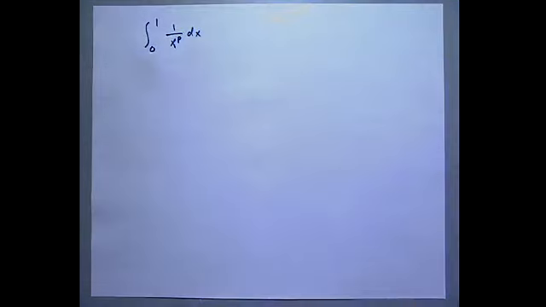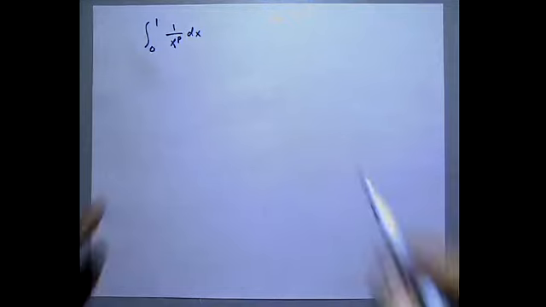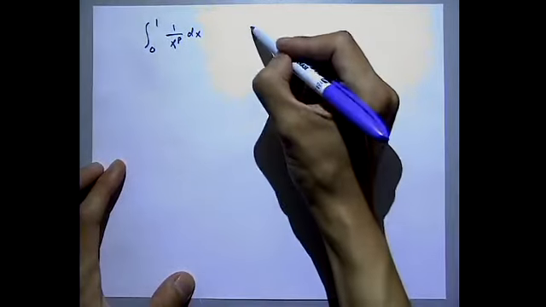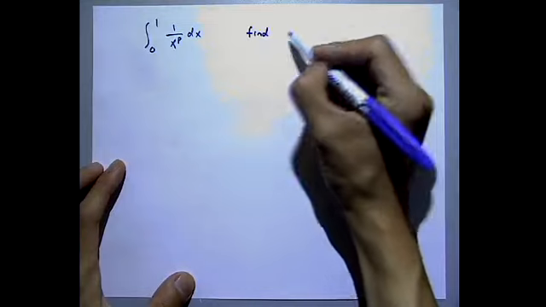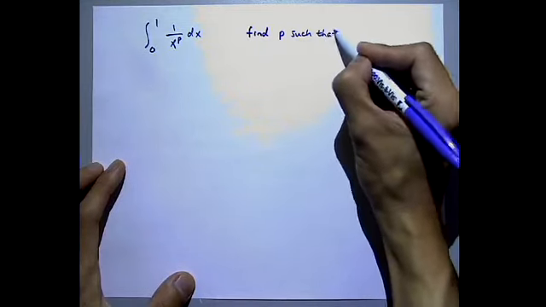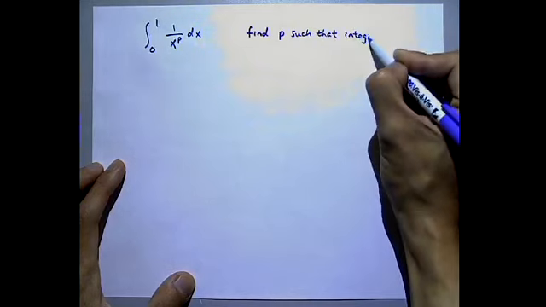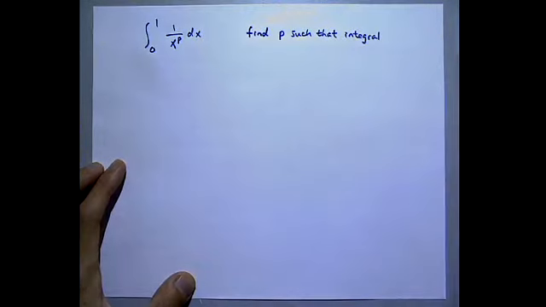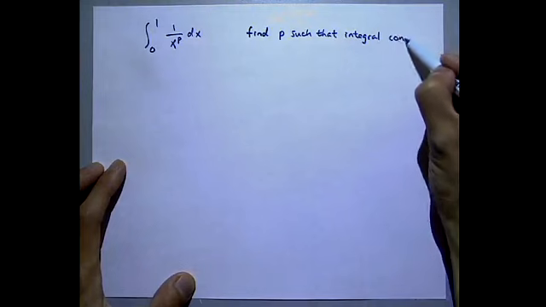Let's integrate from 0 to 1 of 1 over x to the power of p. Let's find all the possible values of p such that the integral converges.